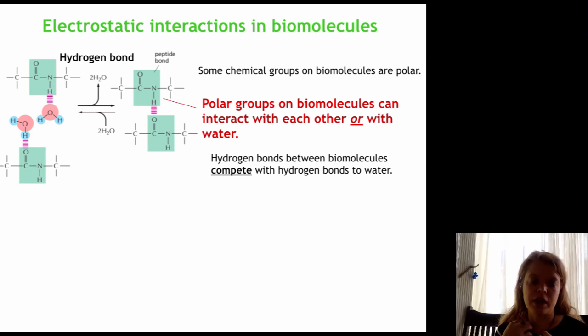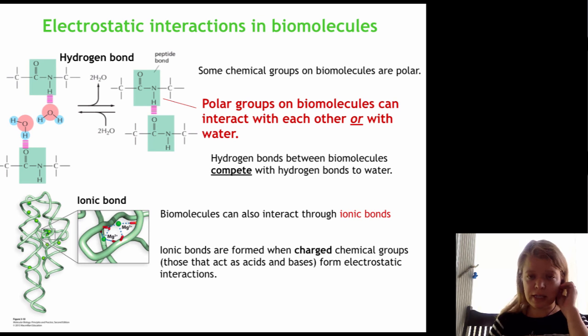And electrostatic interaction via hydrogen bonds is super important because polar groups and biomolecules can interact with each other or with water and form these transient connections that allows proteins to catalyze reactions, or DNA to form, or RNA to form complex three-dimensional shapes. It allows it to act as a catalyst as well.